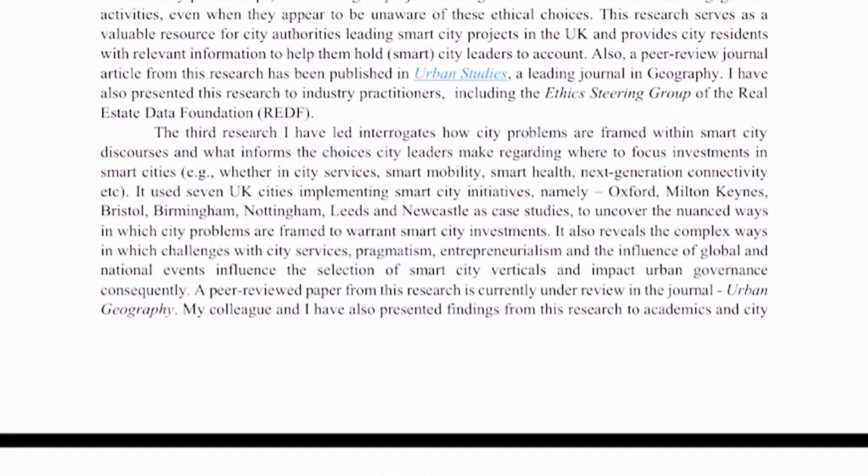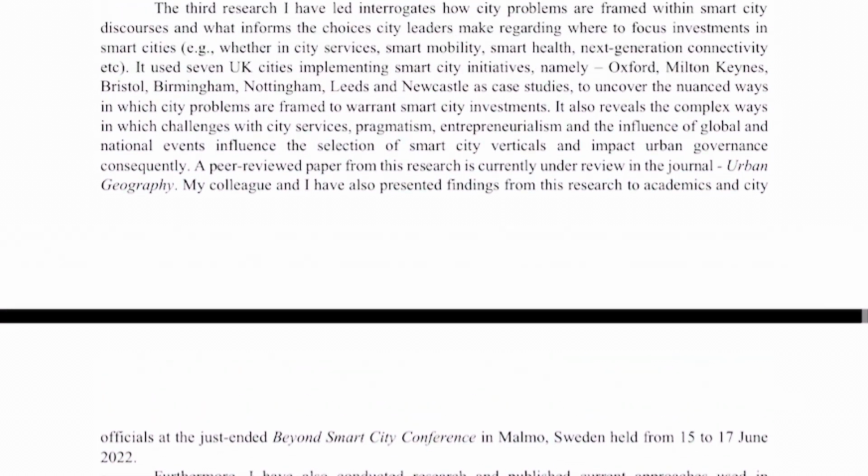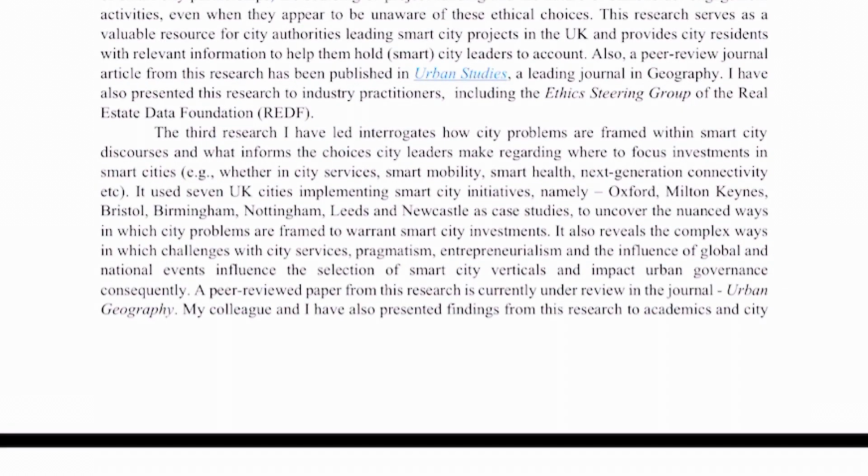So I used a similar approach to talk about what that project did. For example, I went on to say that this project serves as a valuable resource for city leaders who are leading smart city projects, and it provides city residents with relevant information to help them hold their city leaders accountable. Now, what I'm saying here is that I also try to highlight not just one key stakeholder who benefits from my research, but potentially different stakeholders.